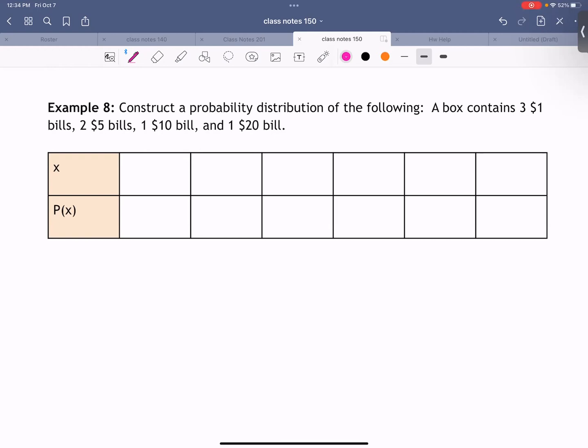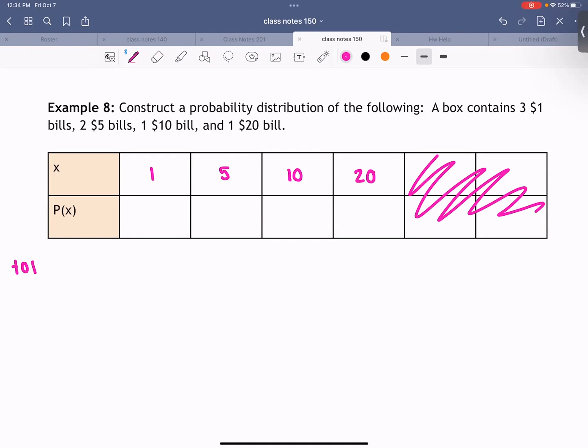Yeah, right. Those are the things that can happen. I can either pull a 1, a 5, a 10, or a 20. Now I tried to trick you guys and I added a few other columns. Let's erase those.